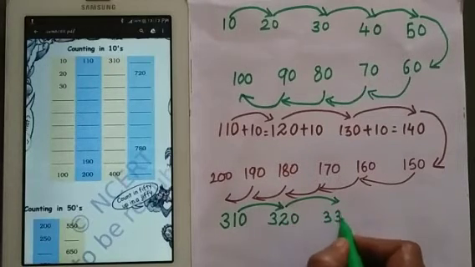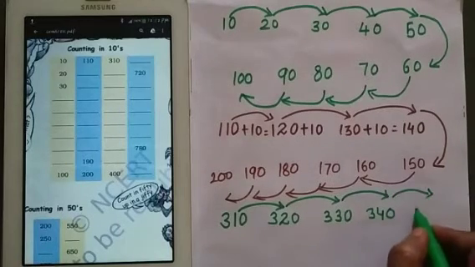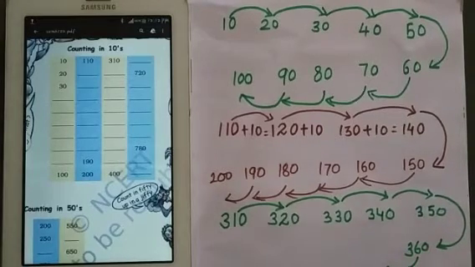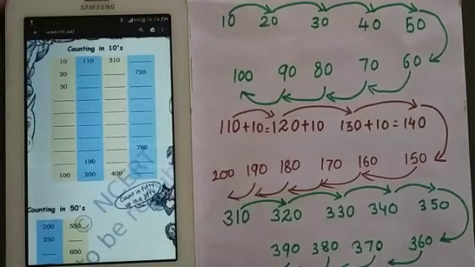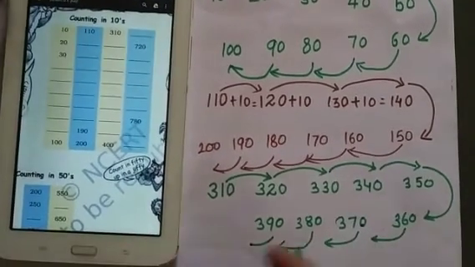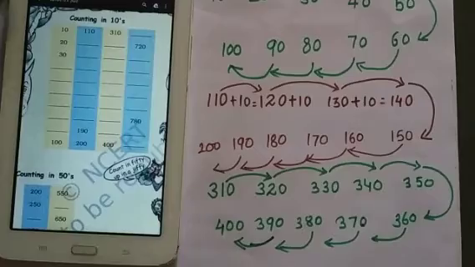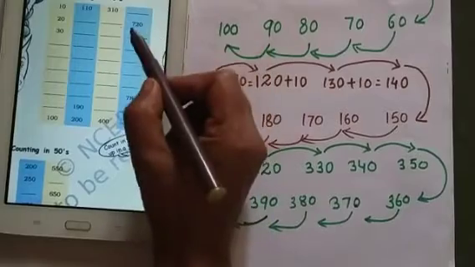Then 330, 340, 350, 360, 370, 380, 390, and the last one, that is 400.